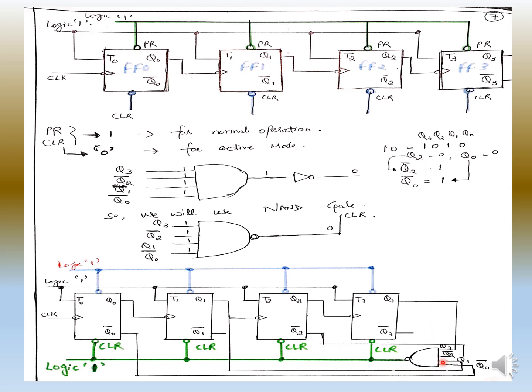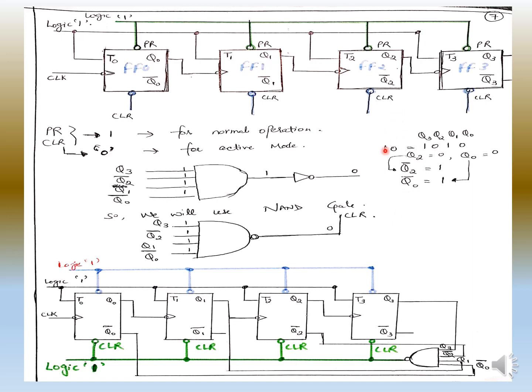You can make all the connections easily. So this is the working of the asynchronous mod 10 counter.